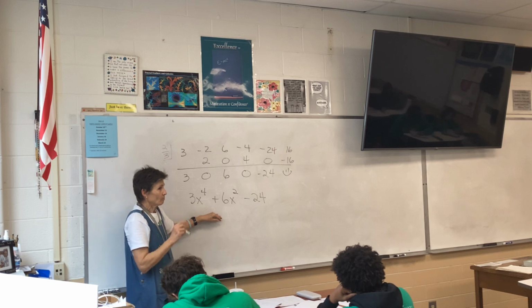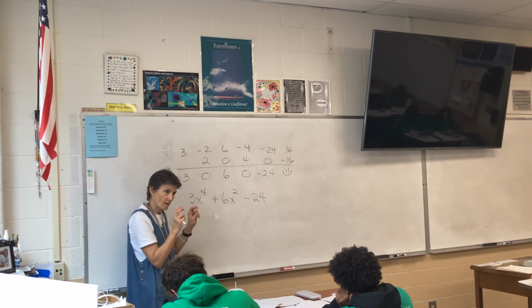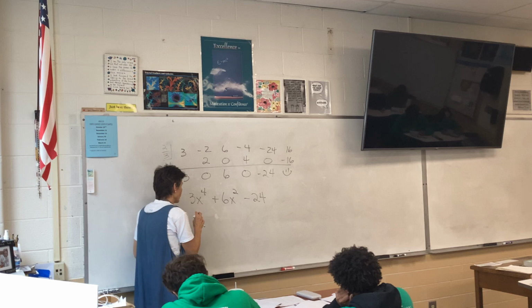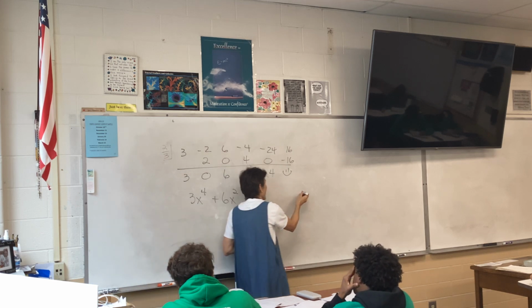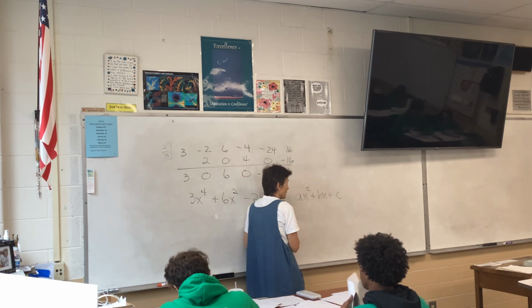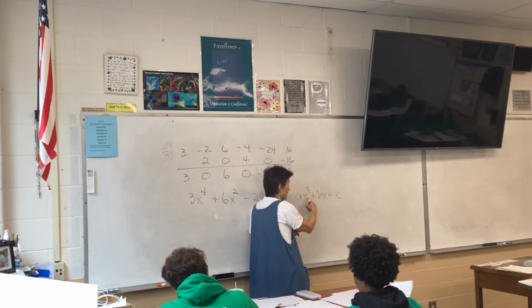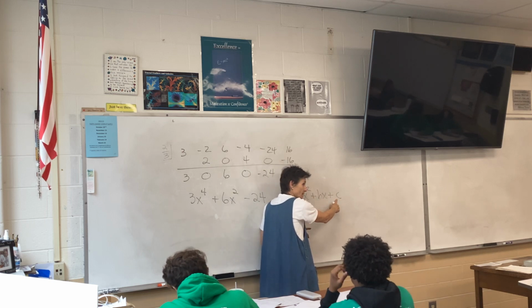Would you agree with me that that's not quadratic? Yeah. But would you agree that it's in quadratic form? In other words, think about what a quadratic looks like. This power is half of this one, right? That term is just a constant.